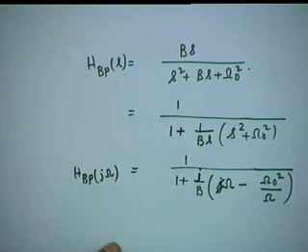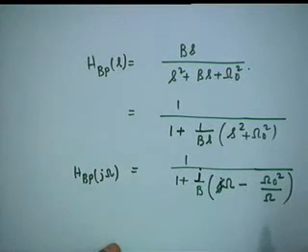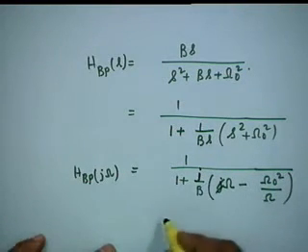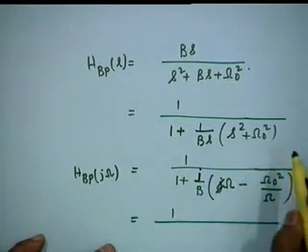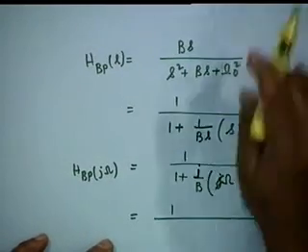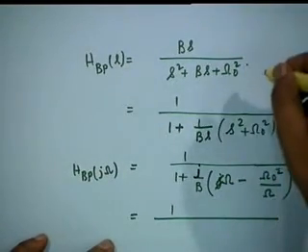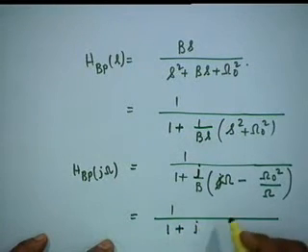So I take 1 by, minus sign comes because 1 by s, and that is 1 by j omega. So j goes up. So you get 1 plus j.